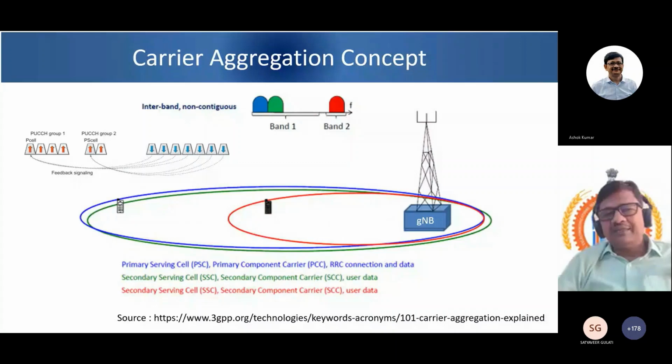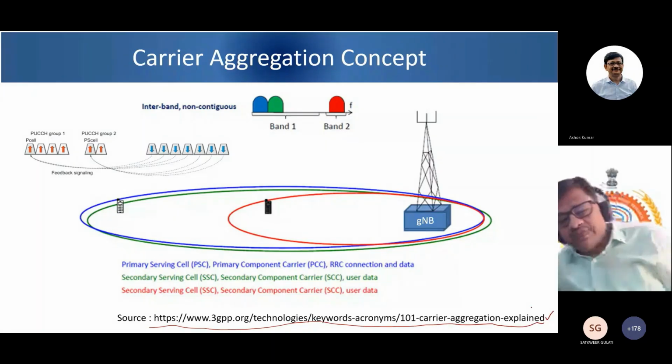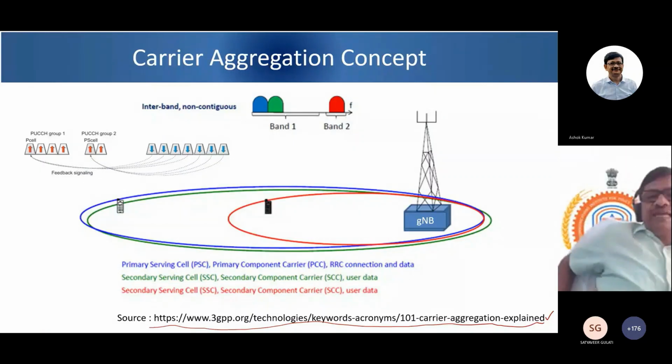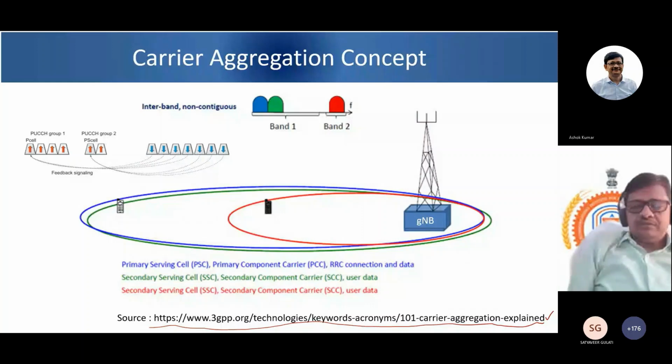So let us understand the carrier aggregation concept with this picture. This I have taken from the 3GPP website. I've given a link. There is a good article on this link. I request all of you to kindly read this. You can copy from the PDF or type in, or if you type carrier aggregation 3GPP on Google, it will come. So what they have explained in this picture is that they have lower side of the frequency band.